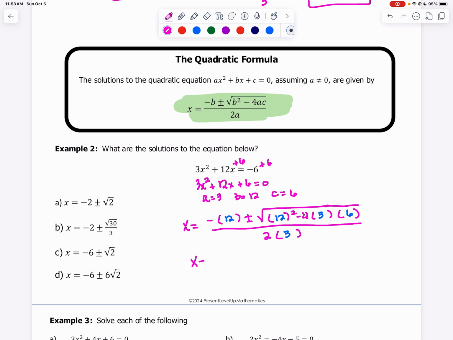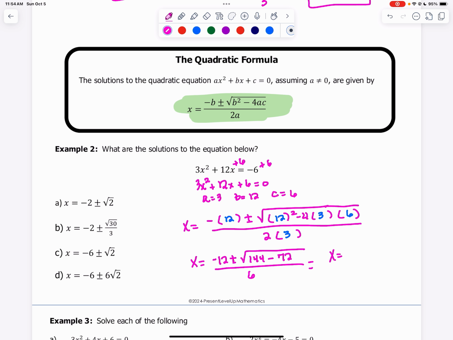x equals the opposite of positive 12, which is negative 12, plus or minus the square root of 12 squared, which is 144, minus 4 times 3, which is 12, 12 times 6 is 72, all over 6. If you look at your answer choices, none of them look like that. Let's do a little more simplifying and see if we can get it to look closer to our answer choices.